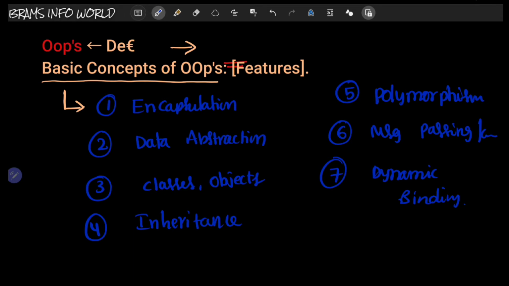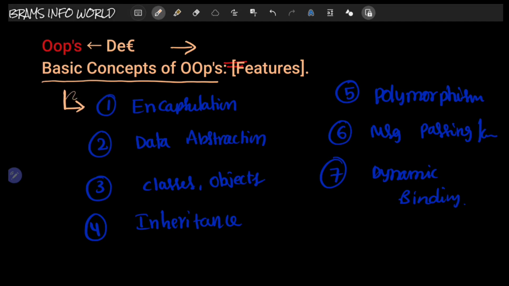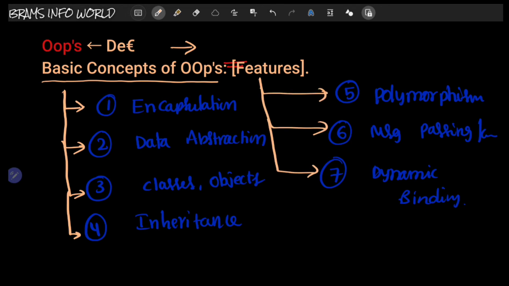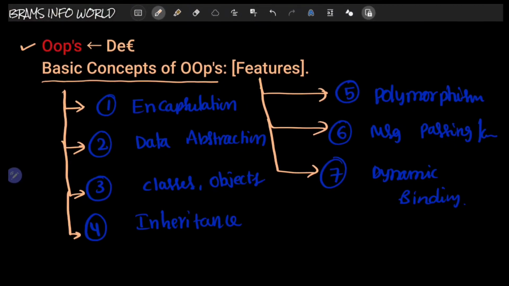Okay, so let us discuss each and every concept in detail. In the previous video we learned the concept of OOPs, and we already studied the definition. If you don't know about that, please watch that video, and let us talk about the very important topic under basic concepts of OOPs, that is nothing but features.